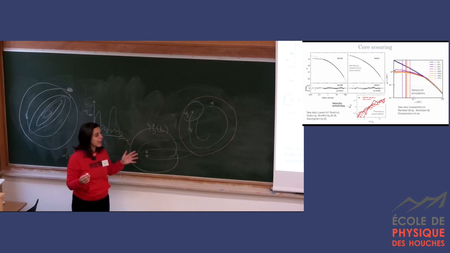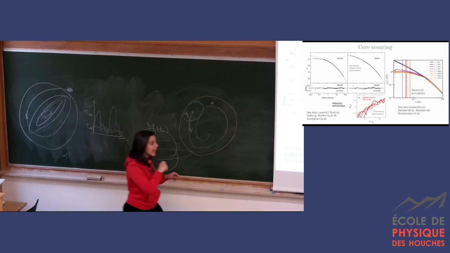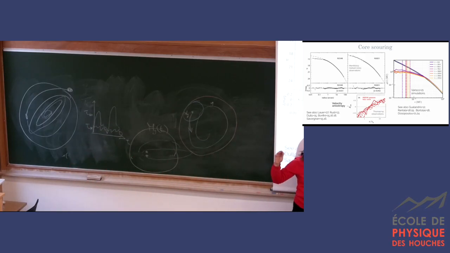So after the binary has kicked out stars, you have a dominance of stars on more circular orbits inside the center of this galaxy compared to stars on more elongated orbits. And this has been observed, again, in these galaxies with a carved core, those that I just discussed. It's called velocity anisotropy, and near the center of the system you have a net dominance of stars on more circular orbits, just because those are less likely to get close to the binary.